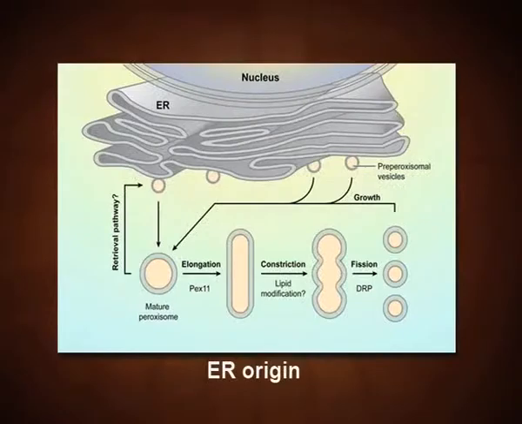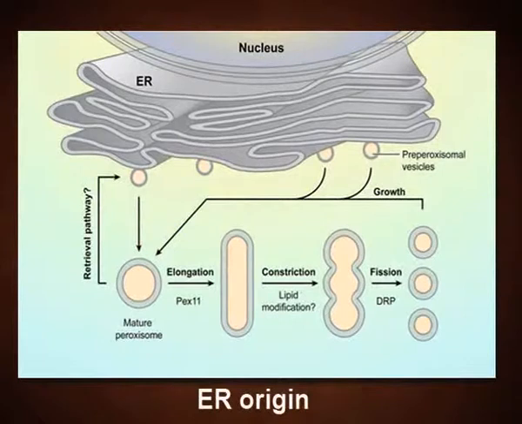Earlier, it was believed that the peroxisomes originate by budding from the endoplasmic reticulum and that its contents were imported from the cytosol. However, evidence is now available to suggest that new peroxisomes arise only from pre-existing peroxisomes by growth and fusion.